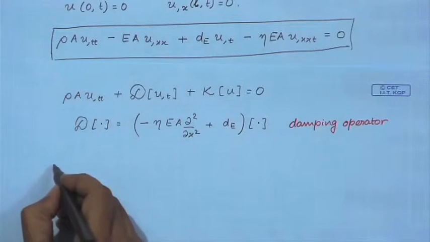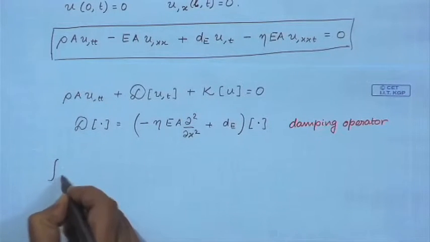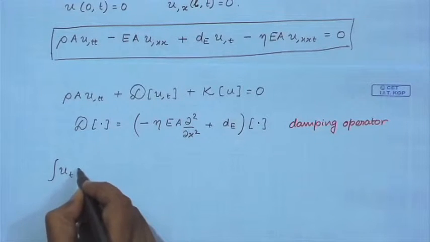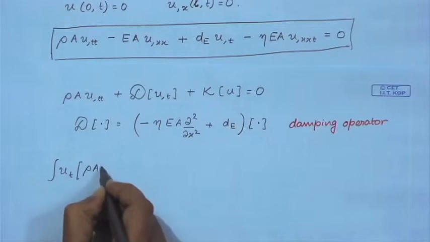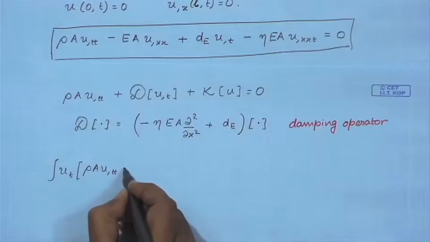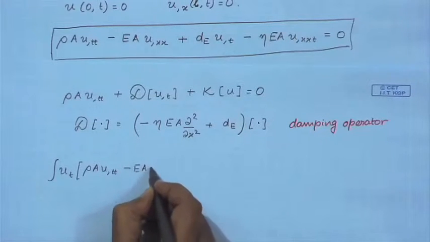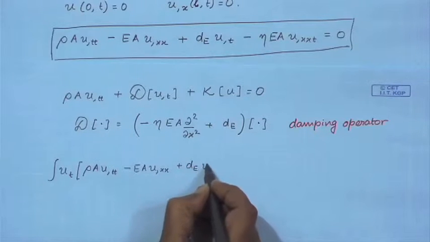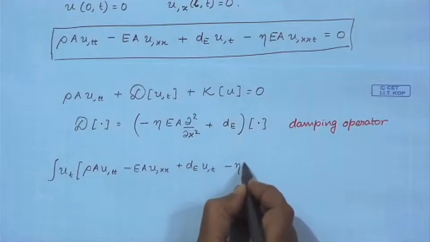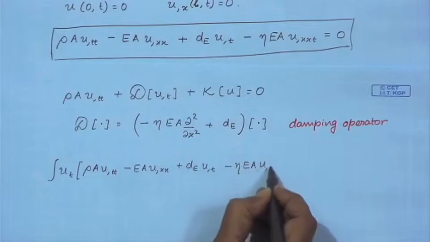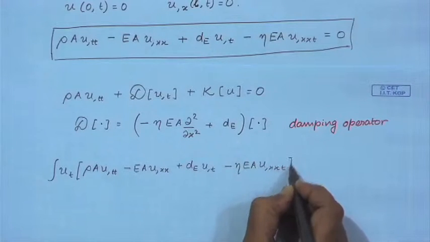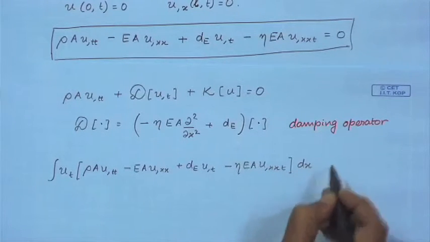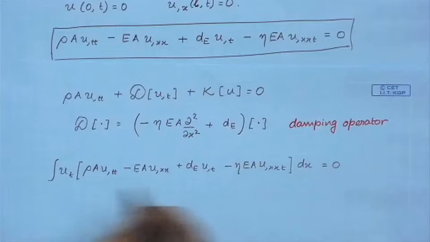So, which means what we do is, and this must be 0.